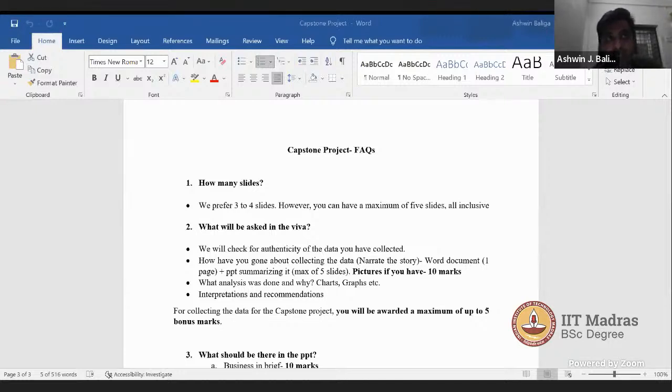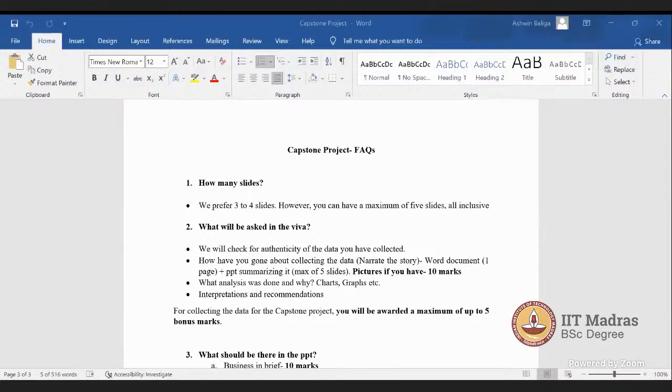One undertaking is from the institute, mentioning that this is only for an academic project purpose and as a part of a business data management course. But there is also an undertaking from your side. Once you get the data, you are not going to share it with a third party. Please keep that in mind, because ethics in research is very, very important. You are not going to share this data with anybody, including your friends. It is only for your study. So that is something I wanted to clarify.